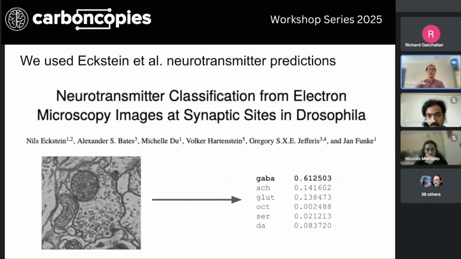Additionally, we used the Eckstein et al. neurotransmitter predictions. These are a set of machine learning based neurotransmitter predictions. Importantly, we want to know whether or not a neuron is either excitatory or inhibitory. In fact, we can find this information from the electron microscopy images. And this admittedly was somewhat of a surprise to me.